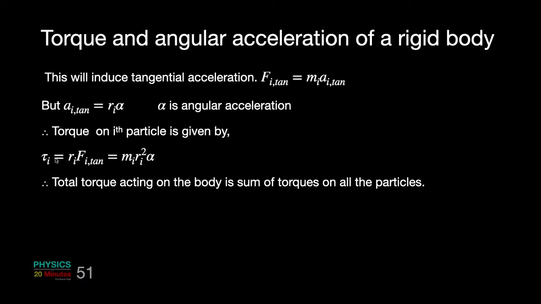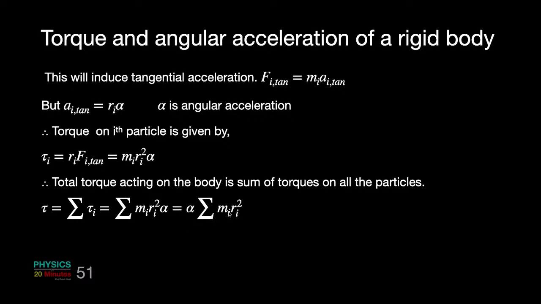So this is the torque acting on one particle. Total torque acting on the body is the sum of torques on all the particles. So I can run a summation. Torque tau is sigma tau i, which is sigma m_i r_i square alpha. As we have just said, alpha is constant for all the particles, so it will come out of the summation.